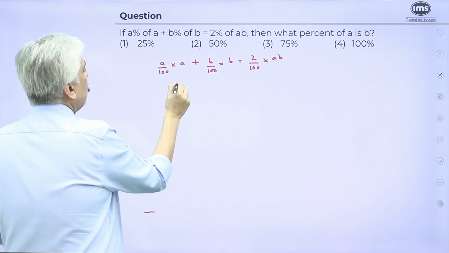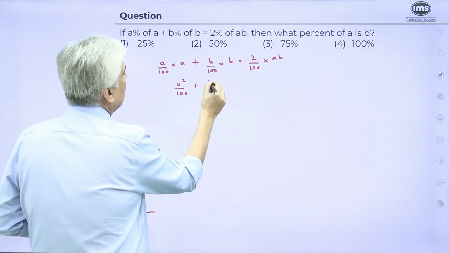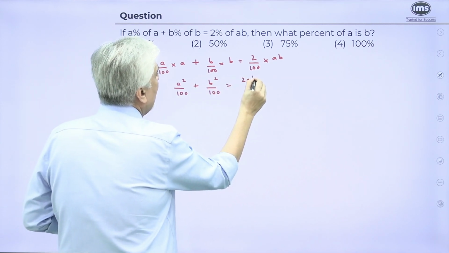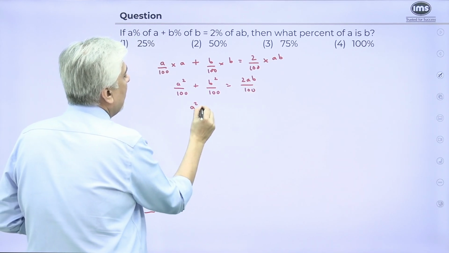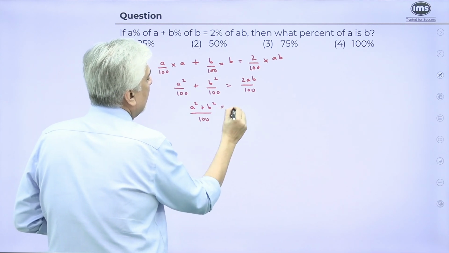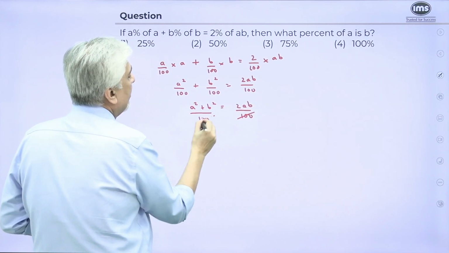This will become A square upon 100 plus B square upon 100 is 2AB upon 100. So this will become A square plus B square upon 100 is 2AB upon 100. 100 cut.